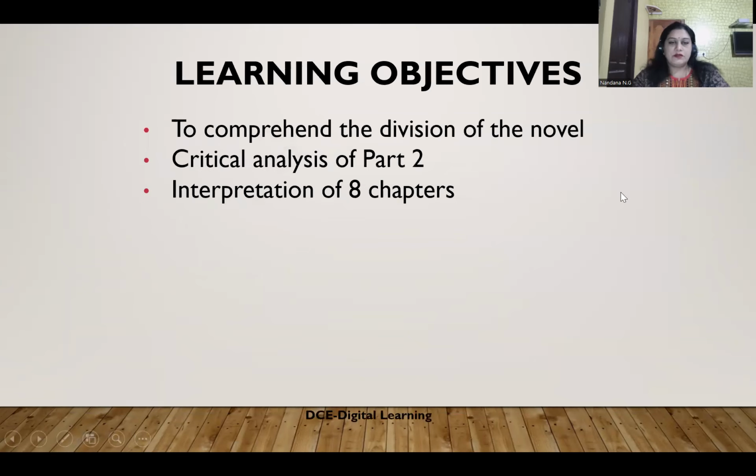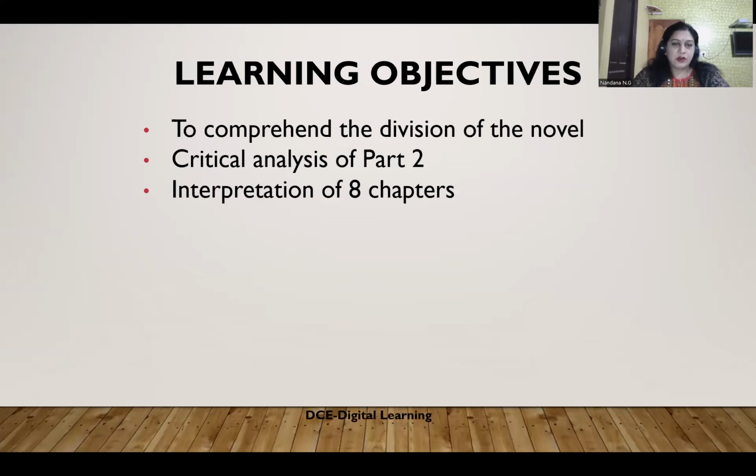The learning objective of this session is to comprehend the division of the novel. See, this is very important in the sense that an author has the freedom to divide the novel according to his own thinking or according to some concept that he has in his mind. So we can see that the novel has been divided into part A and part 2 for a reason.